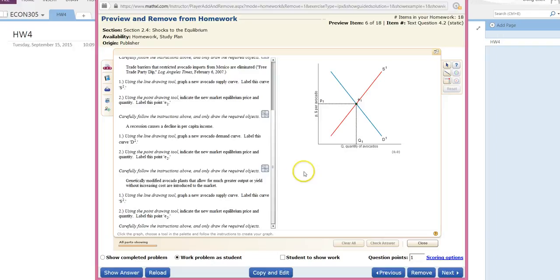So that's a positive supply shock, and we should expect the supply curve to shift to the right. Now let me draw the new supply curve, S2.